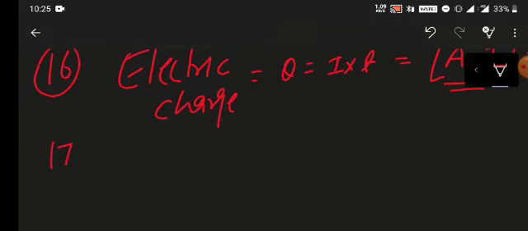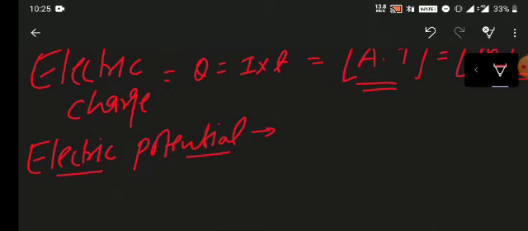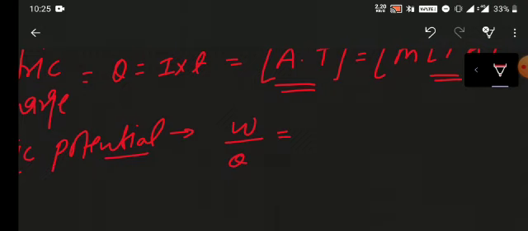Now the next one, 17, is related to the electric potential. Electric potential is the work done by the charge in a system. So it is determined by the work done, which has a dimension.